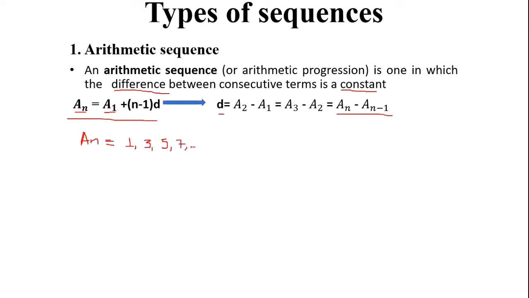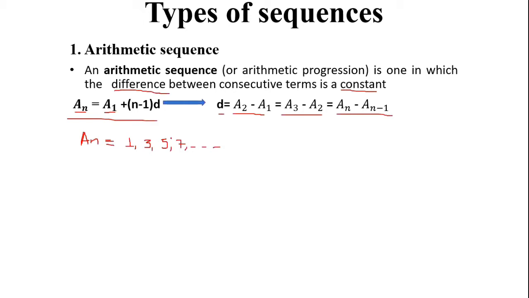If we try to evaluate the difference d, we can use either formula. If I subtract the first term from the second term, I obtain 3 minus 1, that is 2. And if we use these two terms, 5 minus 3 is 2.